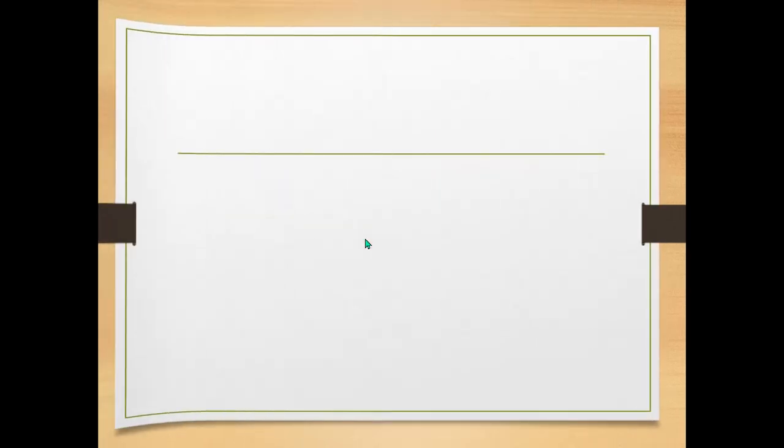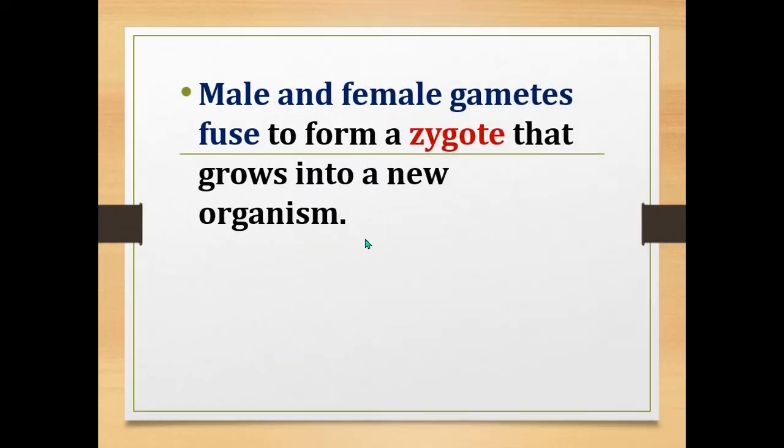Okay, so once again I will tell about this sexual reproduction. Sexual reproduction means involvement of two parents, that is male and female. The male organism has a male reproductive organ which produces male sex cells called male gametes.